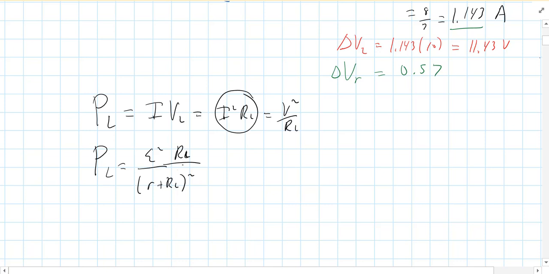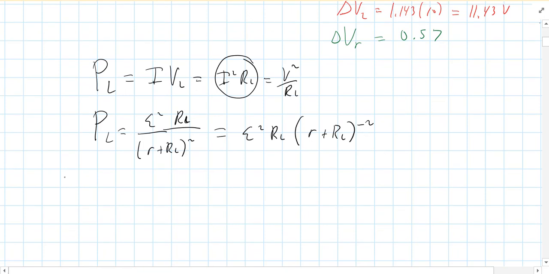Well, how do you maximize anything? You take the derivative of it and you set it equal to 0. So I'm going to rewrite this just to make my derivative easier. You get E squared times RL times (little r plus RL) to the -2. The derivative of this, you can write dP/dRL. If you recall from calculus, you're going to take the derivative of this times that, plus this times the derivative of that.